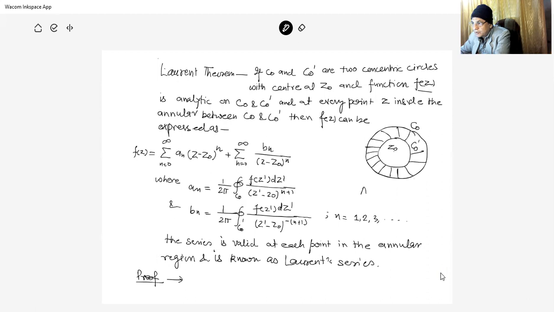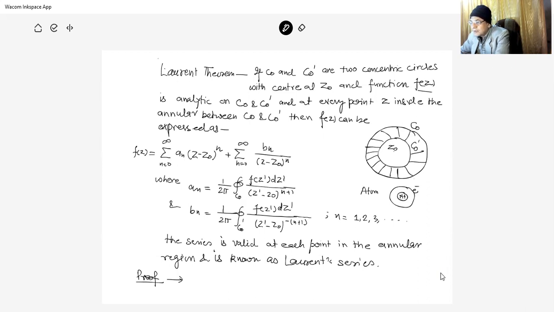Whenever we talk about the atom, there are two parts: one is the nucleus, the other is the orbital electrons. The nucleus is positively charged and electrons are negatively charged. The nucleus contains neutrons and protons.